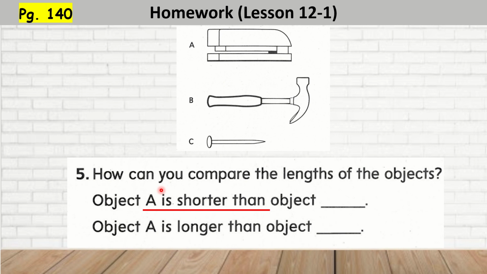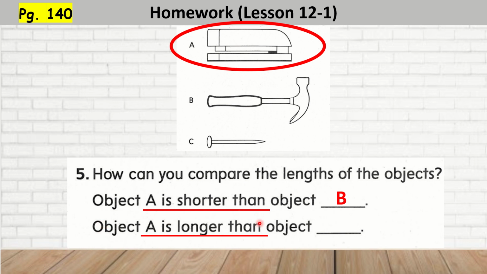So let's look at object A. Object A is shorter than which object? Object A is shorter than B. Object A is longer than which object? So here's object A. It is longer than C. Okay.